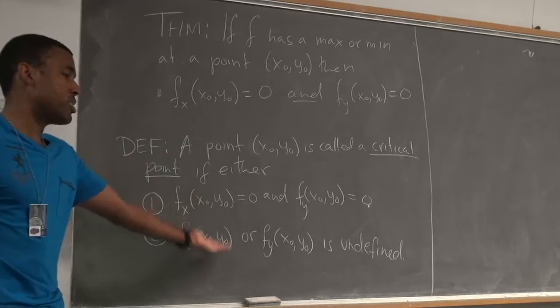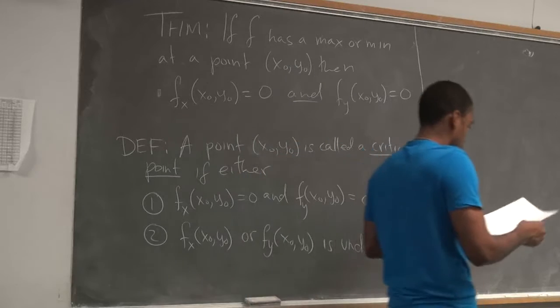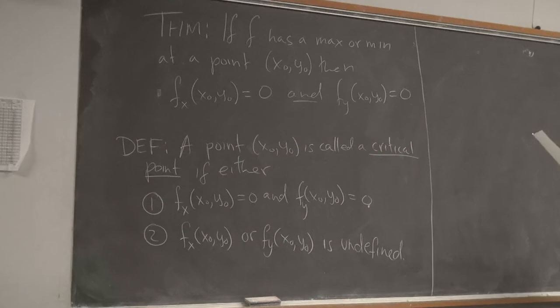Critical points is where your derivative is 0 or undefined. Here we're using partial derivatives. Again, no surprise there.